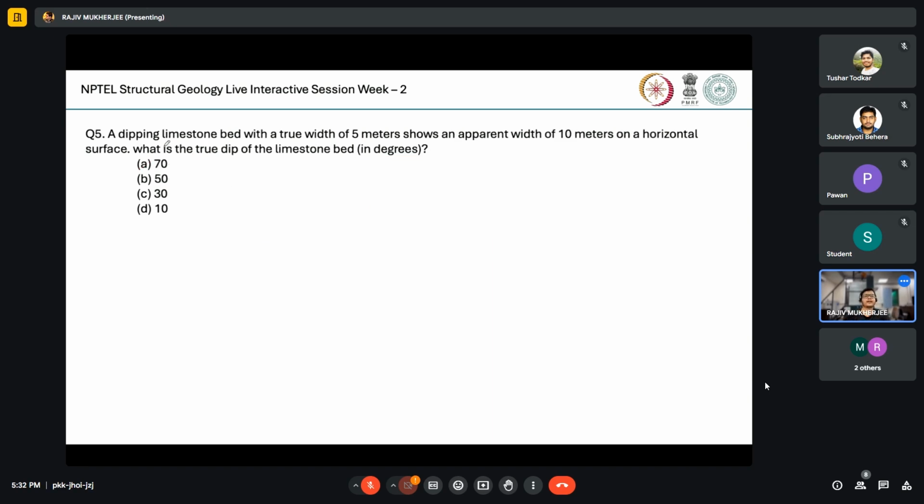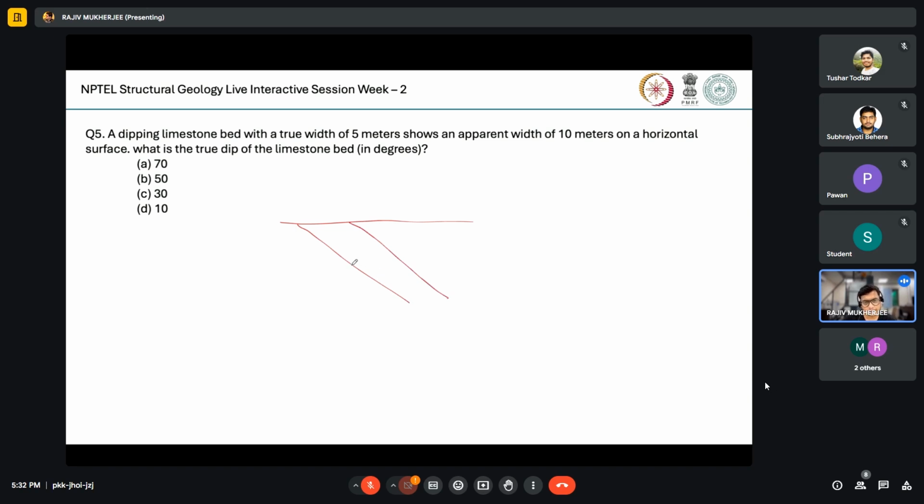Okay, next question. A dipping limestone bed with a true thickness of 5 meters shows an apparent width of 10 meters on a horizontal surface. What is the true dip of the limestone beds in degrees? So we have a surface like this, and we have a limestone bed which is dipping like this.